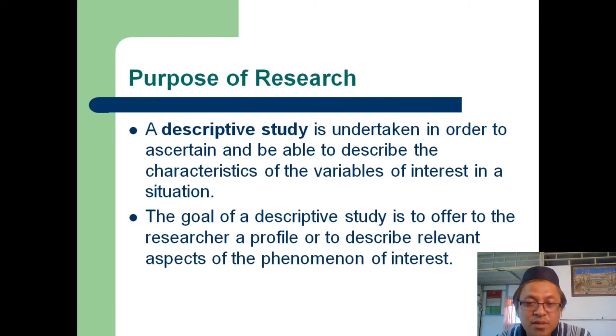You focus on these variables and you want to describe the situation. In quantitative study, which we will discuss after this, normally you will be using descriptive statistics to describe the phenomenon. So the goal of descriptive study is to provide a description of the current situation.